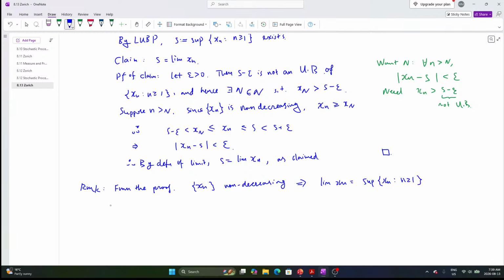And similarly, a completely parallel situation. Similarly is a term that we use to indicate the proof is entirely the same, not just an analogy. So by changing the direction of inequality, you get similarly xn non-increasing implies that the limit of xn is the infimum.